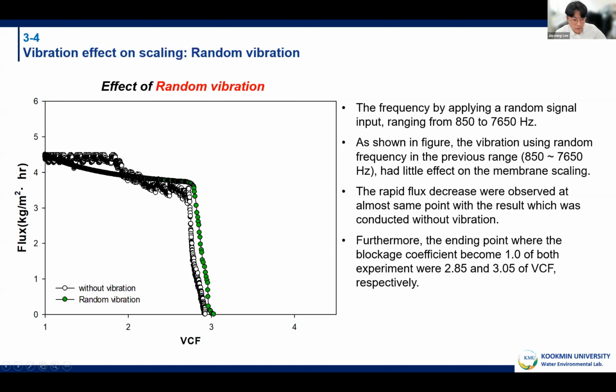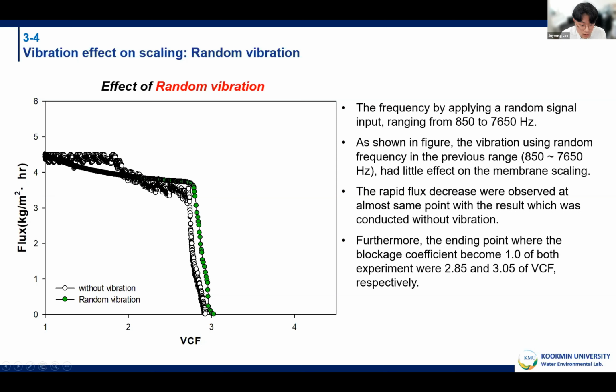As shown in the figure, the vibration using random frequency in the range of 50 to 650 Hz had little effect on the membrane scaling. The rapid flux decrease was observed at almost the same point as in the result conducted without vibration.